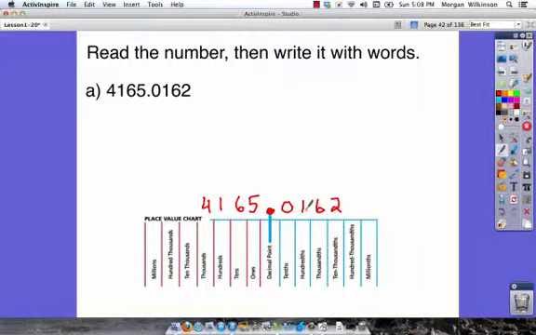Remember, for a decimal number, we're going to say it like 162, but we're going to say 162 ten-thousandths on the end. So this number would be 4,165 and, because whenever we see a decimal point, we have to say "and" because we're adding on to that number, 162 ten-thousandths. And we'd be all done with this question.